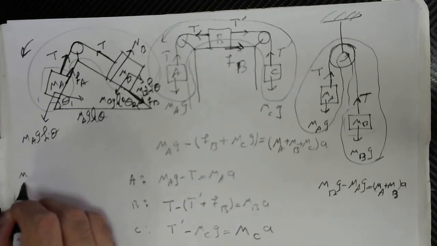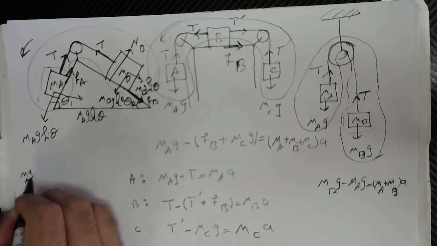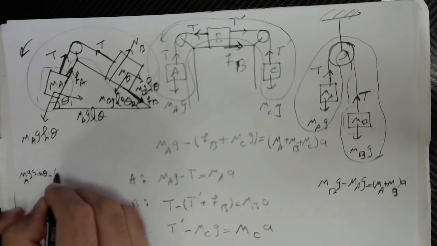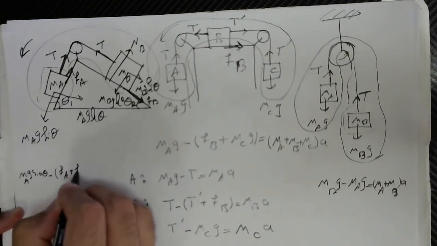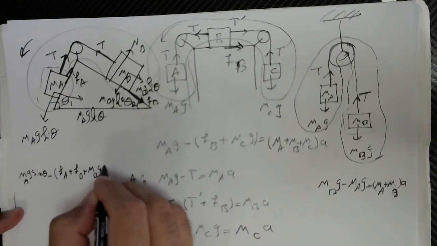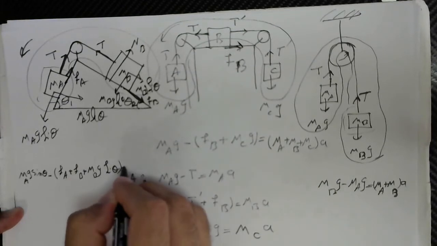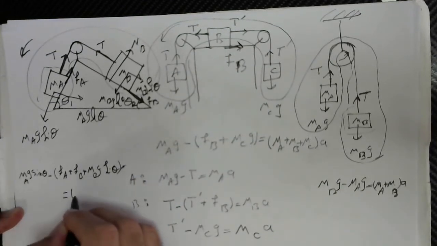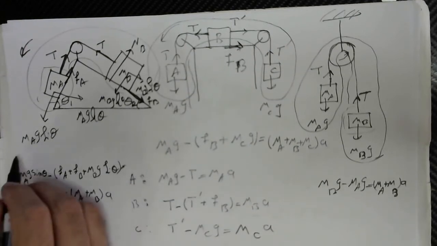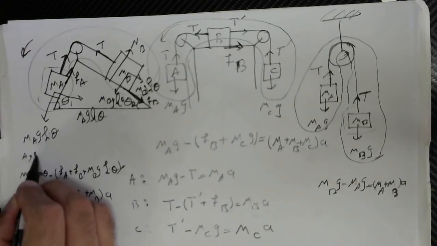So MAG sine theta minus FA plus FB plus MBG sine theta is equal to MA plus MB times A. This is A and B.